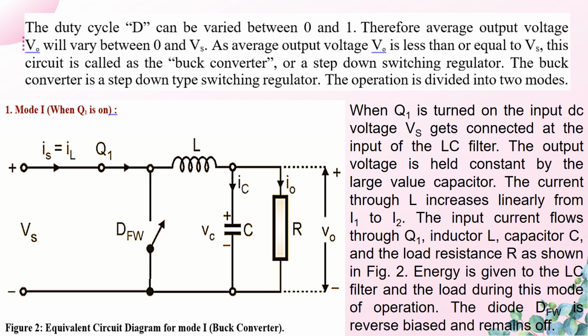The current through L increases linearly from I1 to I2. The input current flows through transistor Q1, inductor L and capacitor C, and finally through the load resistance R, which is shown in figure 2. Energy is given to the LC filter and the load during this mode of operation. The diode DF is reverse biased and it remains in off condition.